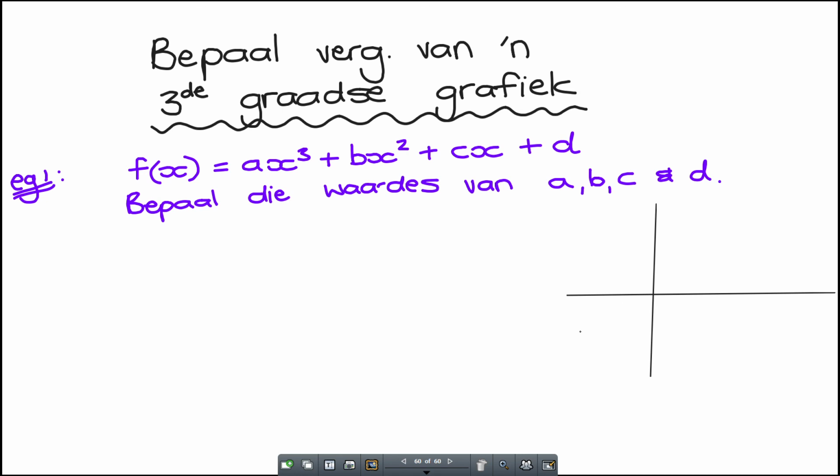Third degree graph. Ek het dit so 3 keer herhaal.